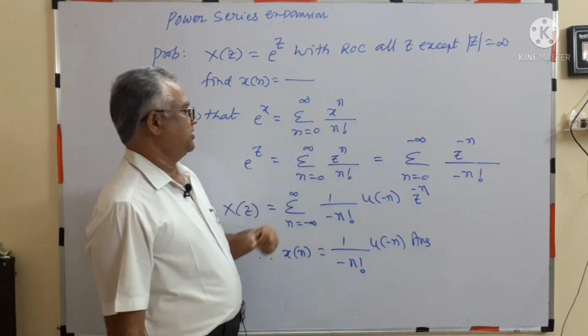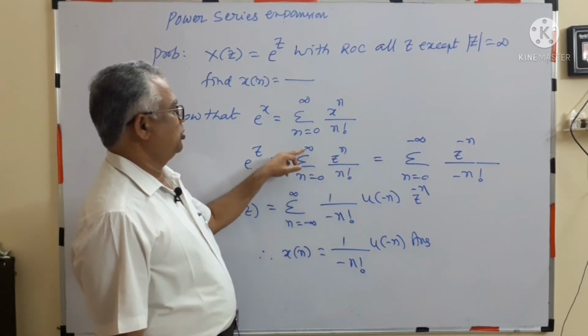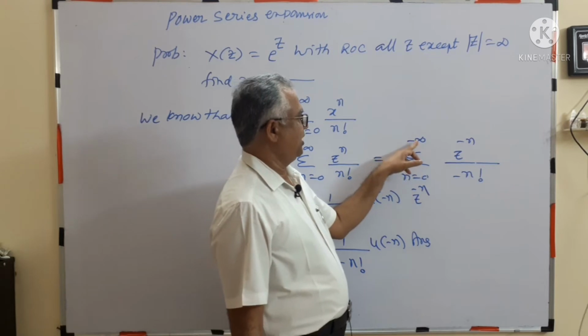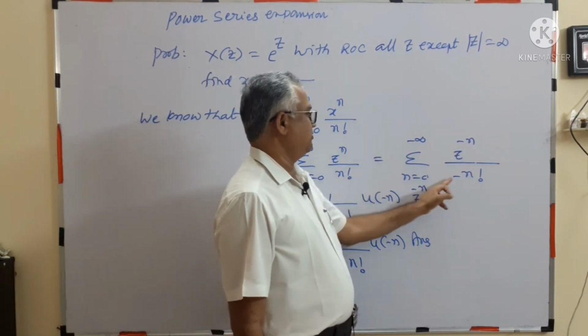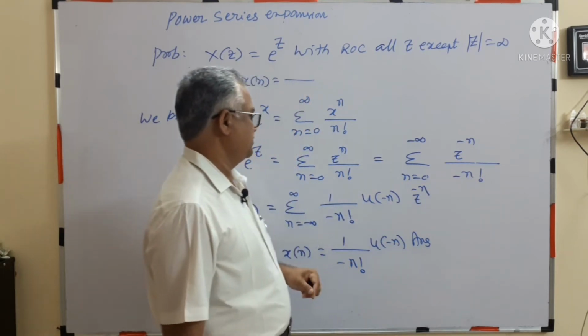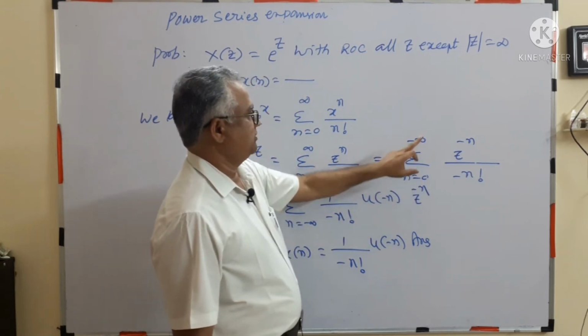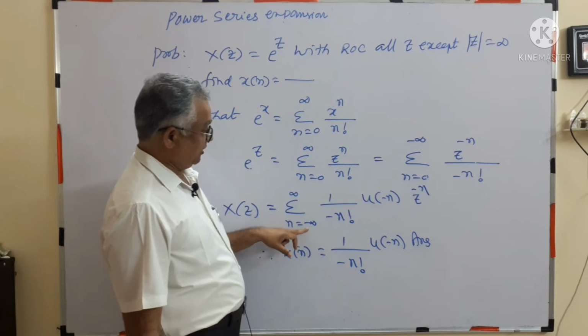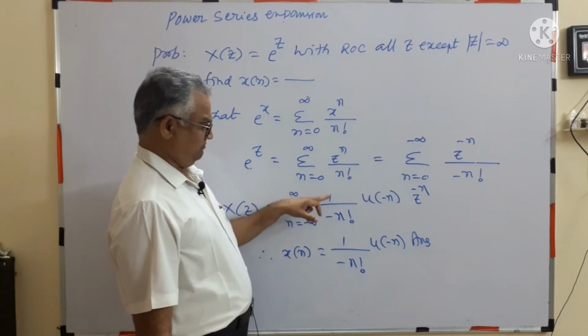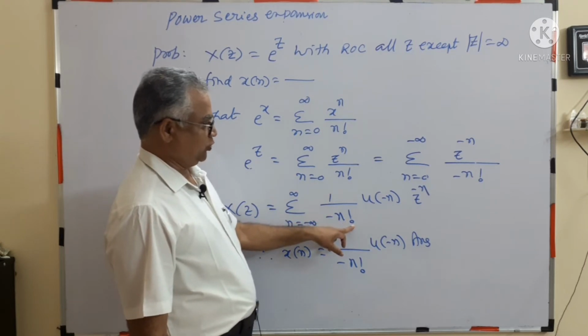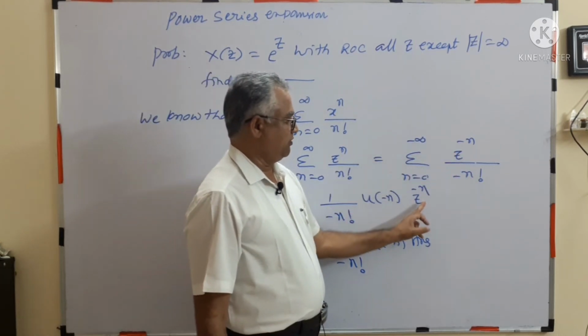X replaced with z. Now change 0 to infinity to 0 to minus infinity, with n replaced with minus n. Here minus n factorial. Now 0 to minus infinity, I am changing to minus infinity to plus infinity, with 1 by minus n factorial, z power minus n.